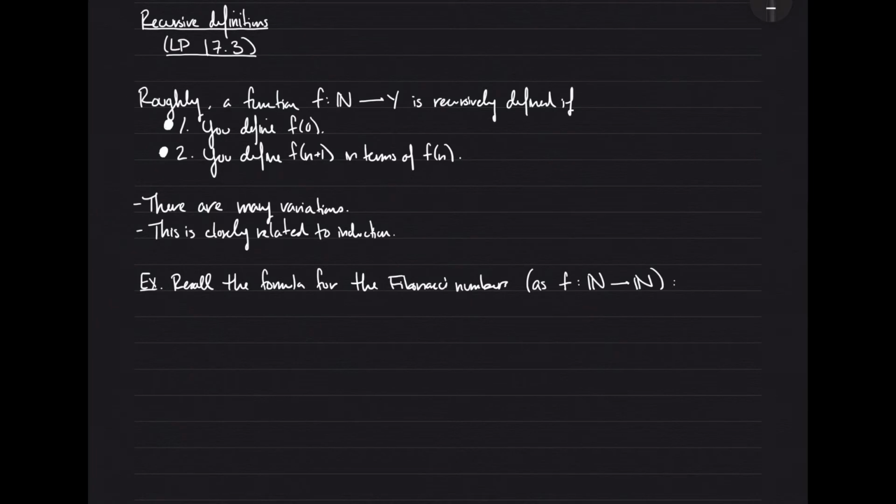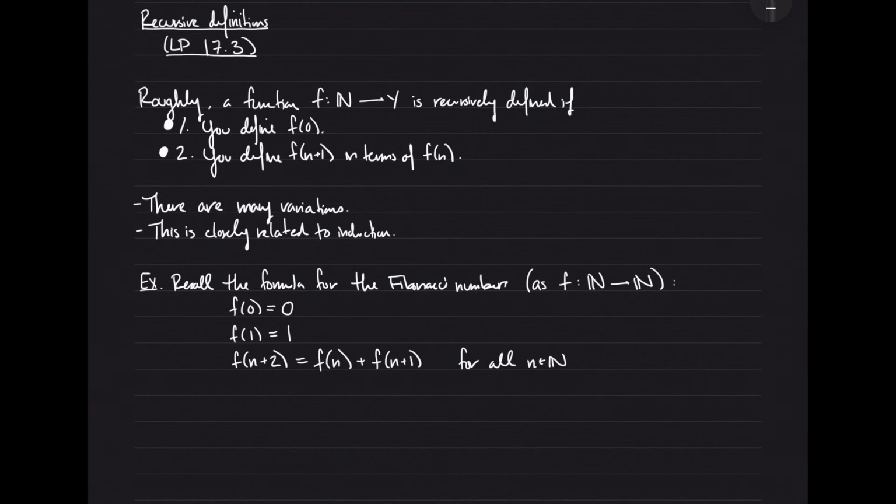So f of 0, we're going to let be 0, and f of 1, we're going to let be 1, and then f of n plus 2, we're going to let be f of n plus f of n plus 1. And this we can say for all n in N.